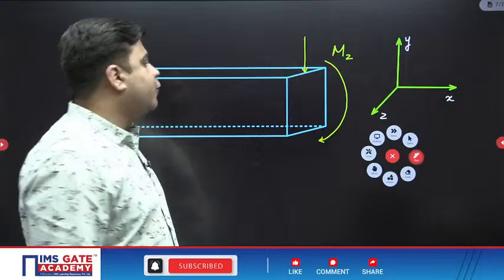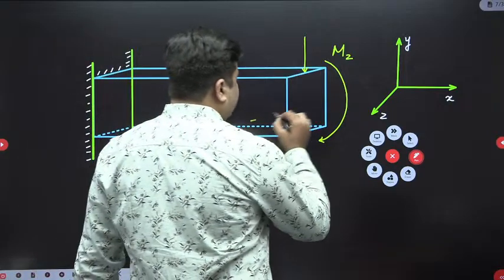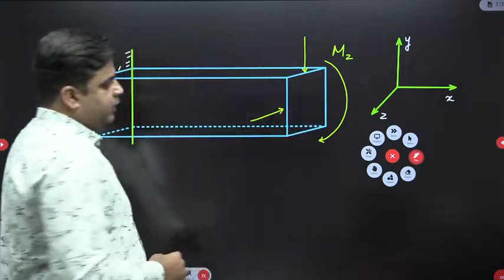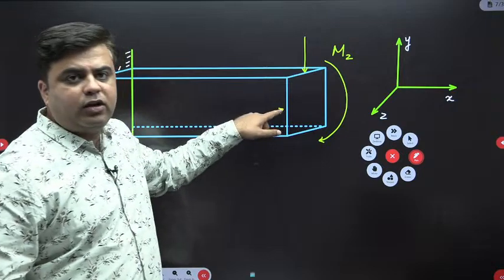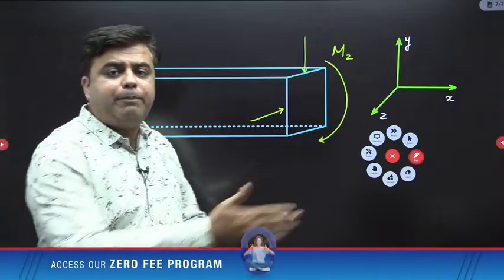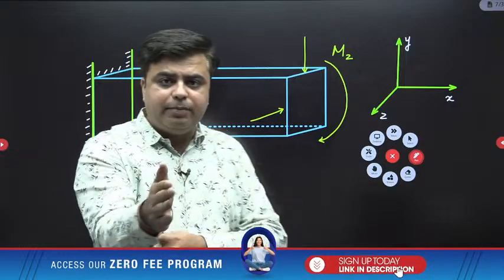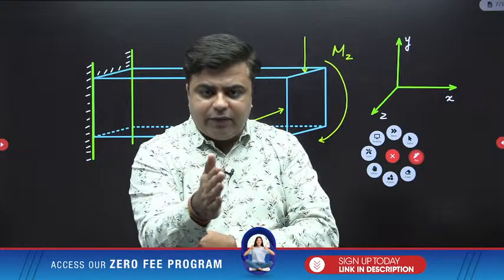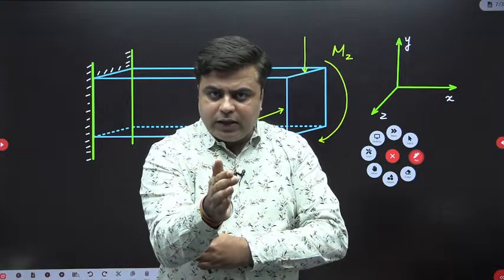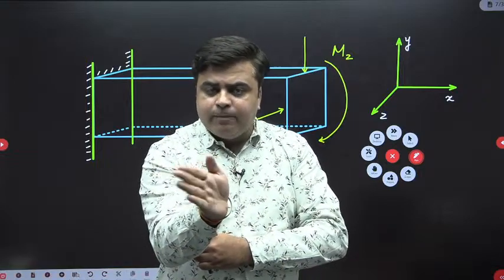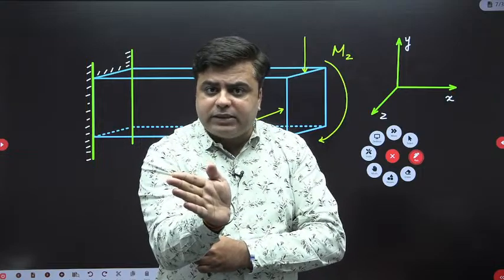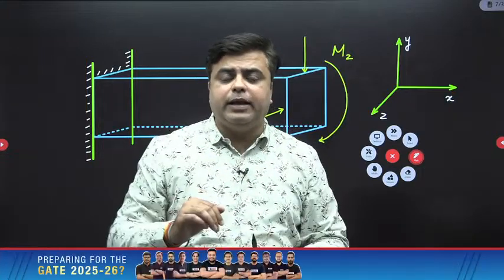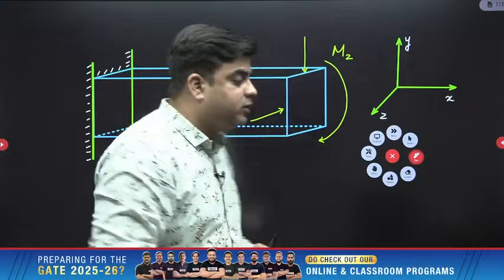Okay. Now for example, if I apply any horizontal load over the beam like this, what will happen to the beam? Observe my hand. Let me show you from this way. If I am applying one horizontal load like this, it is going to deflect the beam like this. Again the beam is bending, but this time the bending happens in the horizontal plane. Which moment is going to cause the bending?